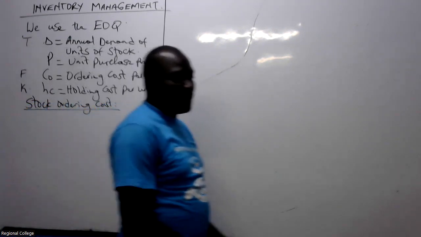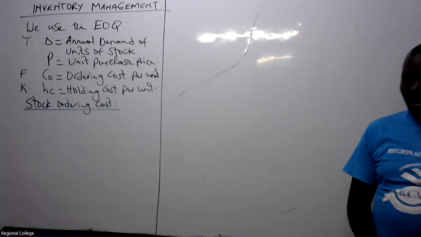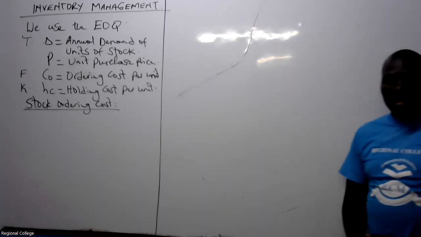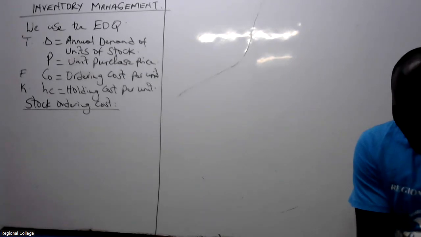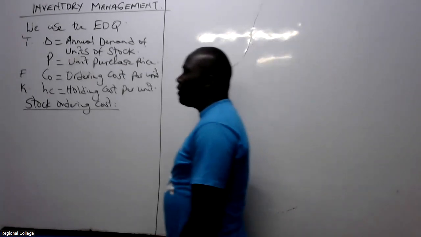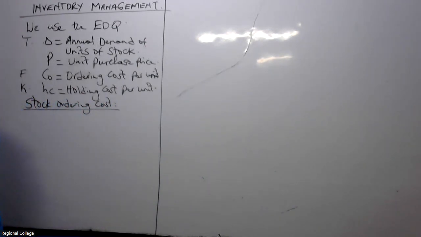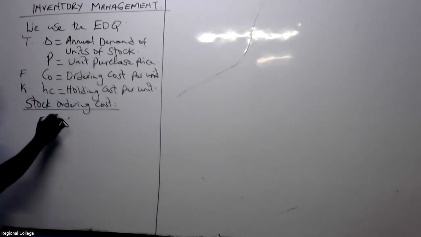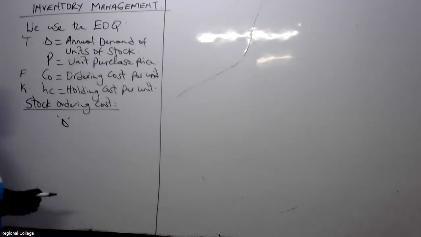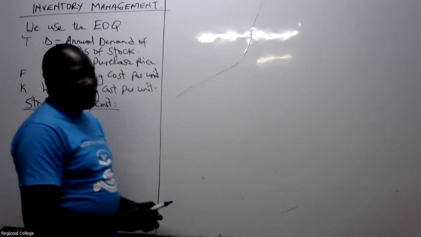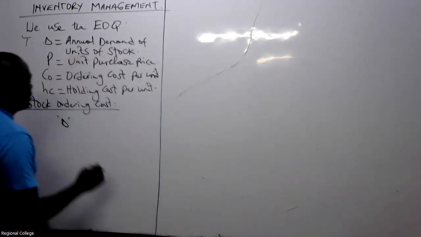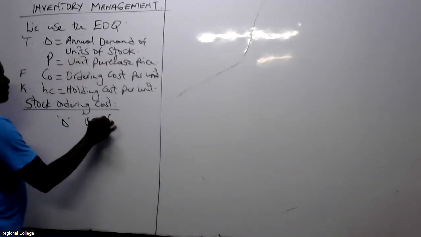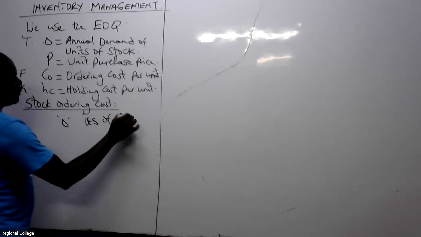Given annual demand of D units, and any time an order is made, it is of Q units.